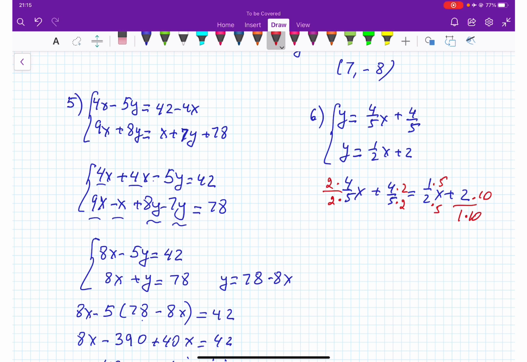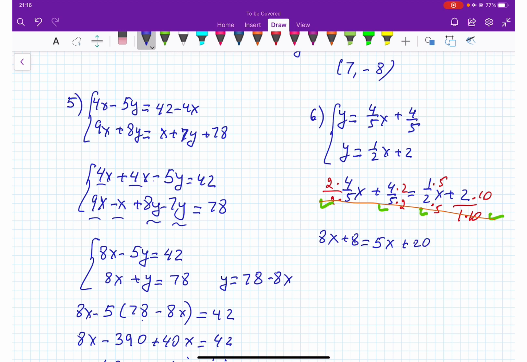Here we have 10, 10, 10, 10, which means we are dropping the denominator. So what do we have left? 2 times 4x is going to be 8x plus 8 is equal to 5x plus 20.